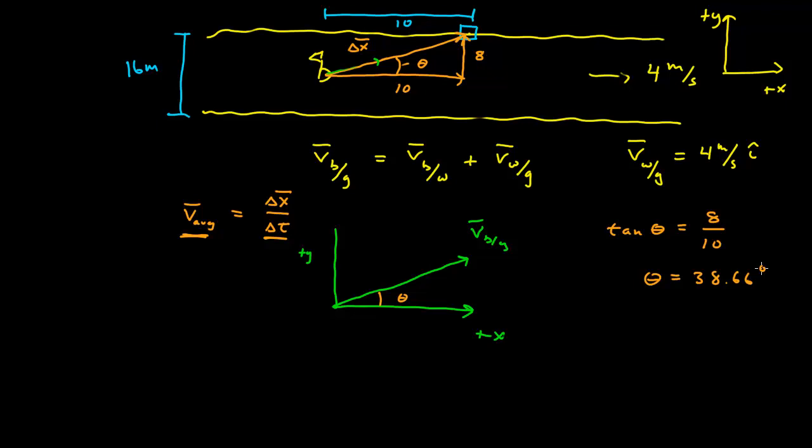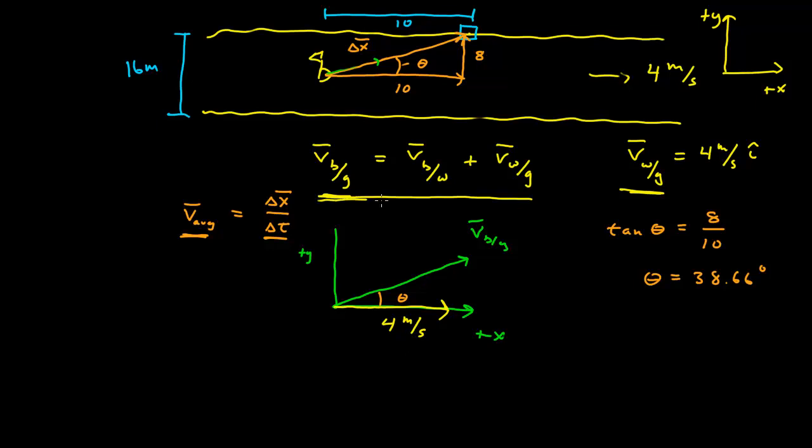So now let's look at this expression here. If this is the velocity of the boat relative to the ground, I know the velocity of the water relative to the ground. That points along the positive x-axis with a magnitude of 4 meters per second.